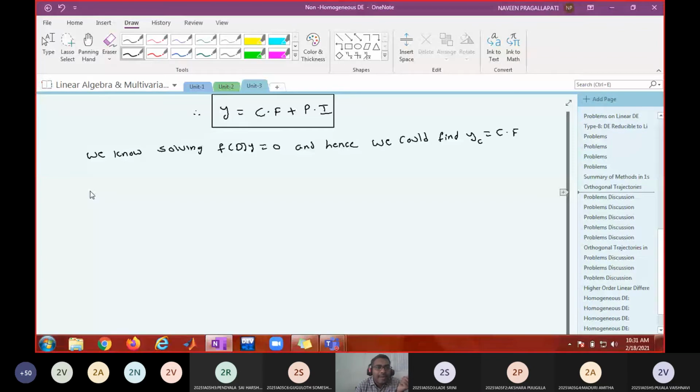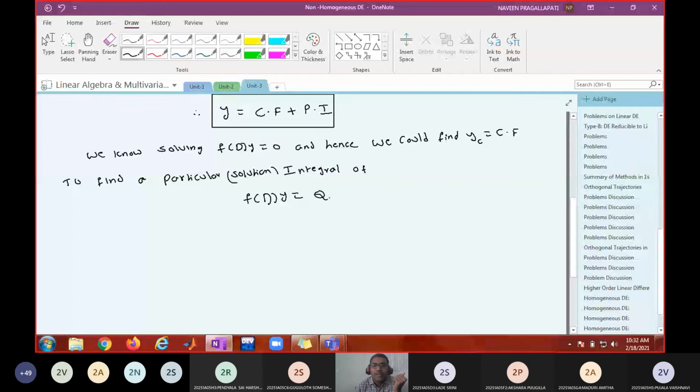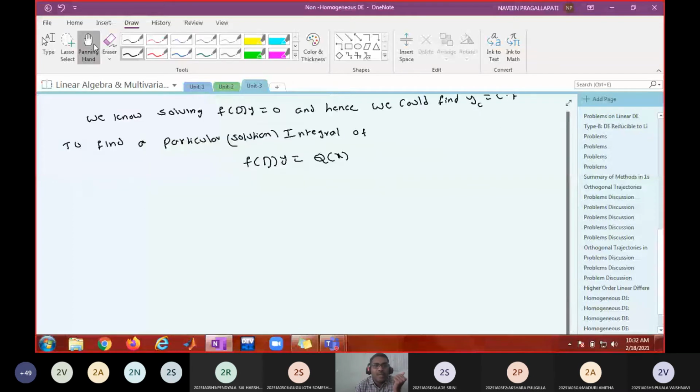Now to find a particular solution or particular integral of f of D of y equal to q of x, you want to solve this equation for y and find one solution.